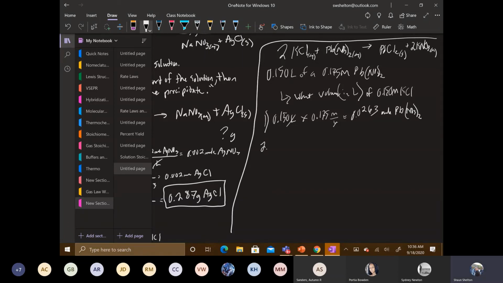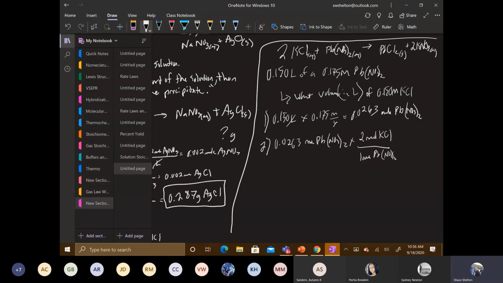Now step two, you're going to use the mole ratio. So we're going to take 0.0263 moles of lead 2 nitrate and multiply that by 2 moles of KCl for every 1 mole of lead 2 nitrate.